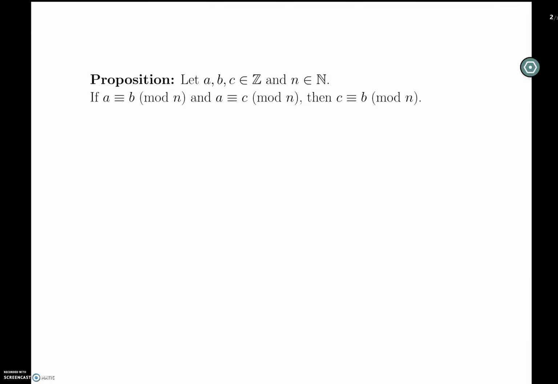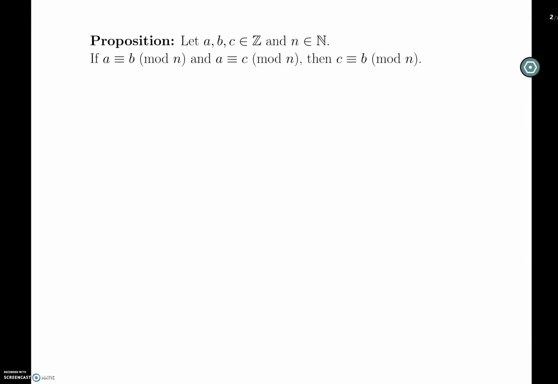Now let's see about proving something that involves congruence modulo n. So now we have integers a, b, and c and a natural number n. If a is congruent to b mod n and a is congruent to c mod n, then c is congruent to b mod n. So let's start by outlining the proof.